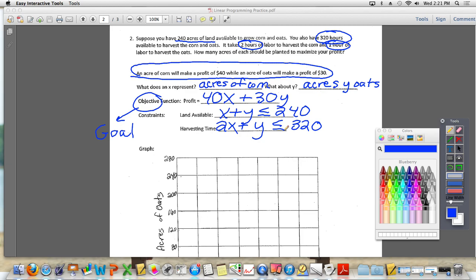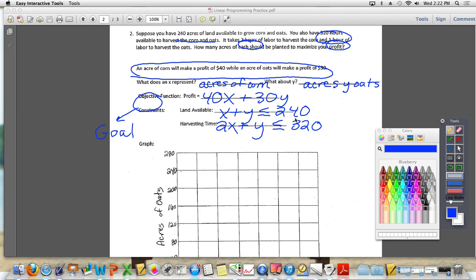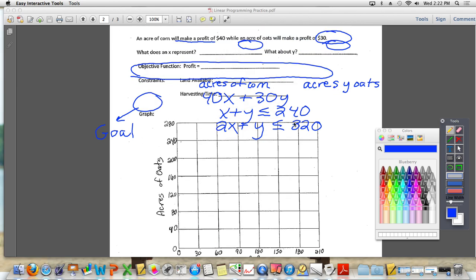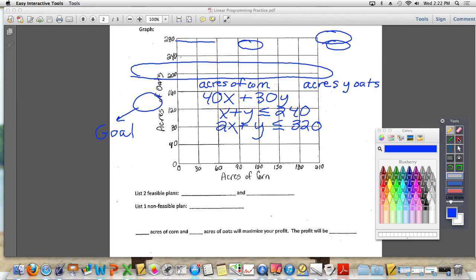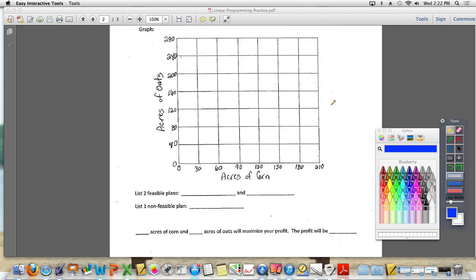So I have to scroll up a little bit here so I can get to my graph. I'm going to be asking you guys to read these things to me in just a second. We have to solve for y, so go ahead and start doing that right now. In the first problem, it was x plus y less than or equal to 240.